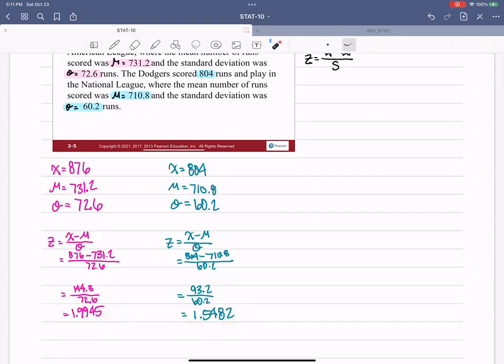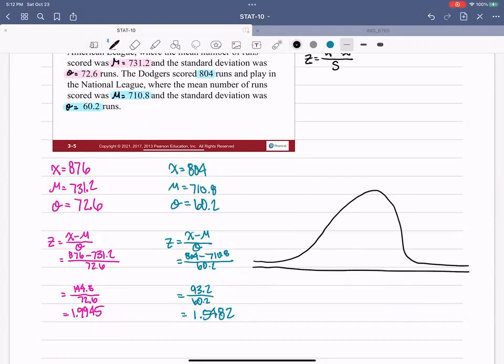And because this one's larger, remember we said anything greater than 2 standard deviations from the mean is always going to be unusual. So let's look at our empirical rule. So I'll do my best to draw pretty normal.